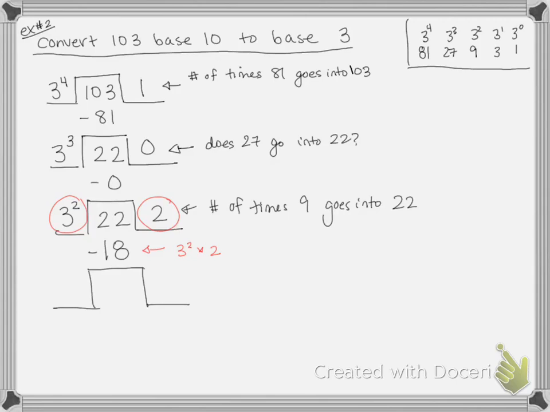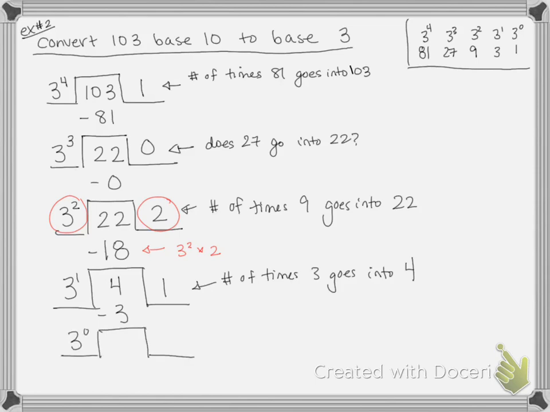So our next step, let me write the power, is we're going to check 3 to the 1. And when I subtract 18 from 22, I get 4. So this is going to be the number of times 3 goes into 4. And that only happens once. So I'm going to subtract again, minus 3.